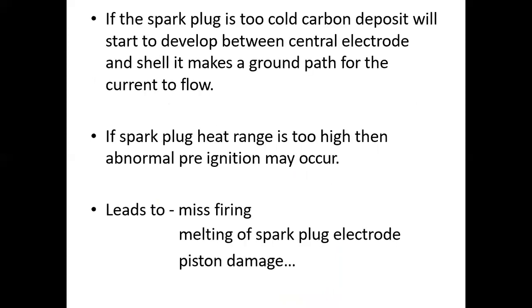If the spark plug is too cold, carbon deposit will start to develop between the central electrode and the shell, making a ground path for the current to flow. If the heat range is too high, abnormal pre-ignition may occur, leading to misfiring, melting of the spark plug electrode and piston damage.